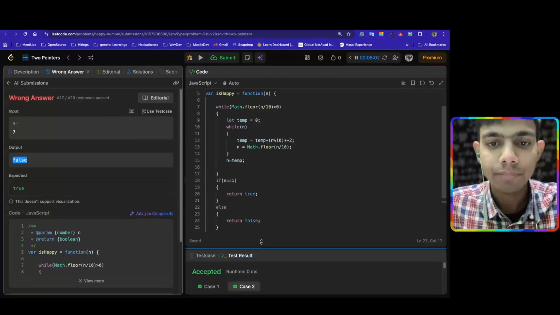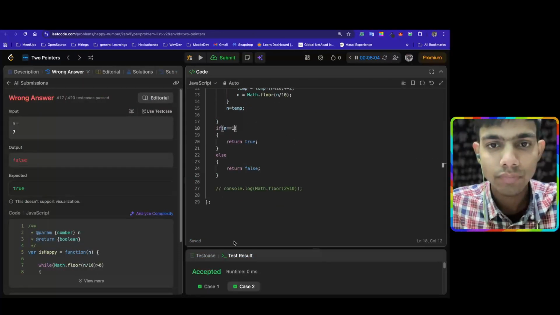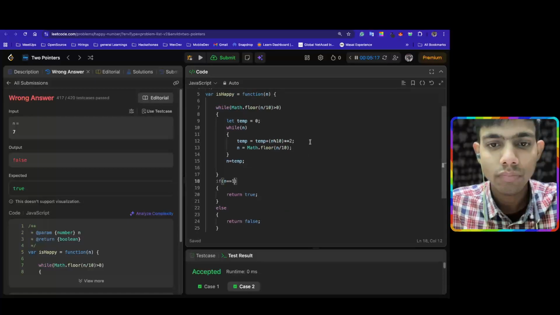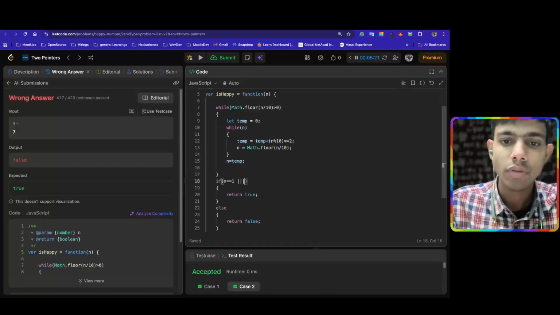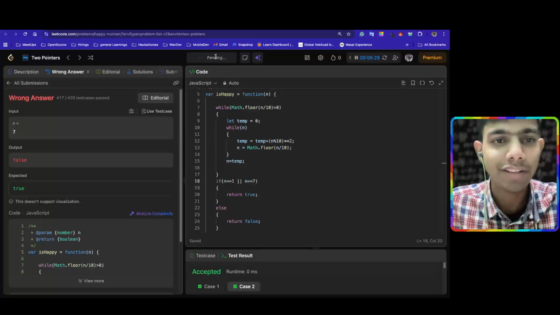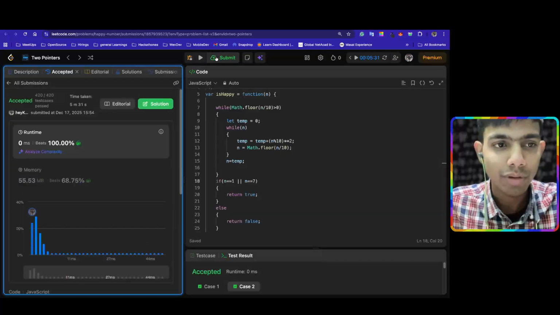We can say or n equals 7, try returning true. I think this test case will pass, but I'm not sure. Okay, accept it.